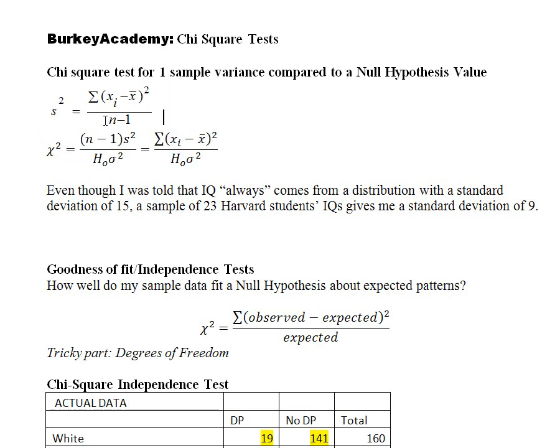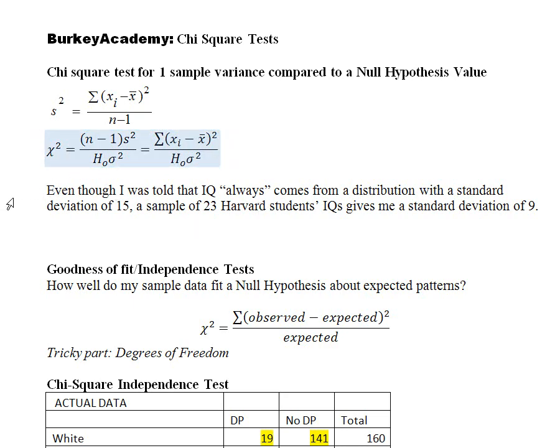All we're doing is multiplying this variance by n minus 1 to cancel the n minus 1 on the bottom, and you're left with the numerator, the sum of each number minus the mean squared. I like this way of writing it because it's easy to see why this is a chi-square distribution. It's the sum of the deviations squared on the top, and then on the bottom you put the null hypothesis value for the variance that you think it should be.